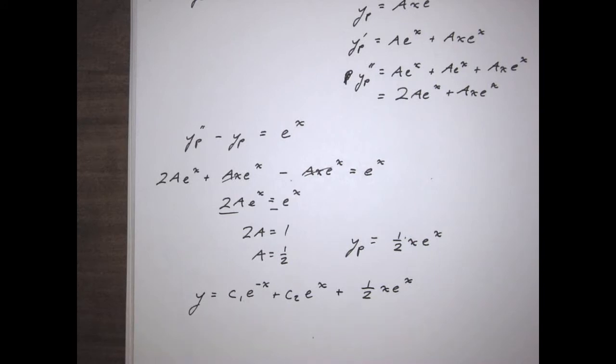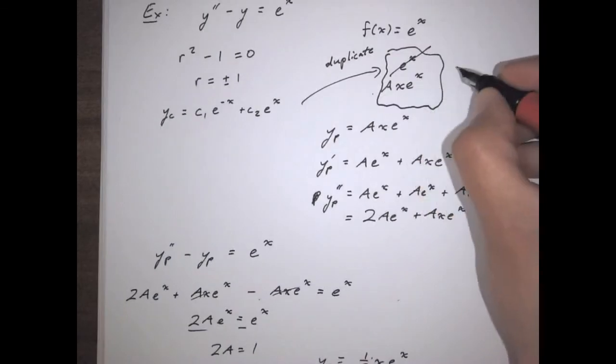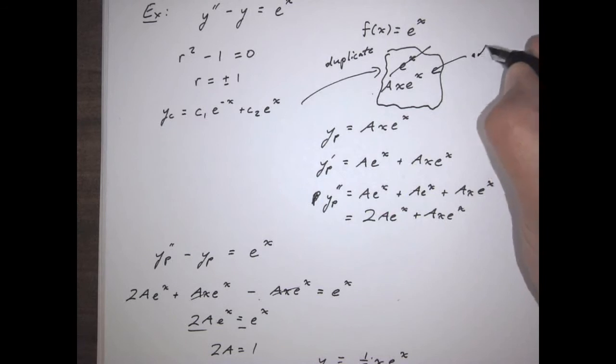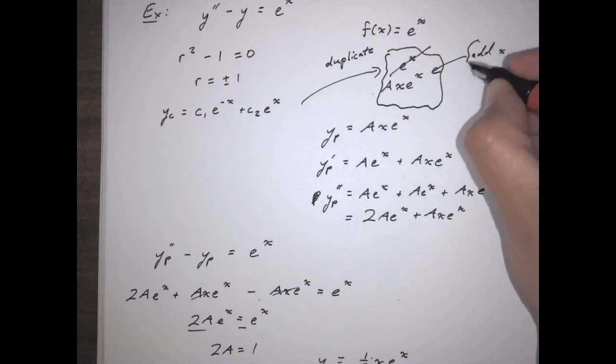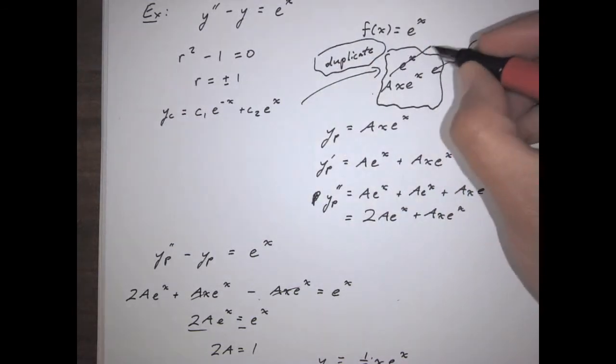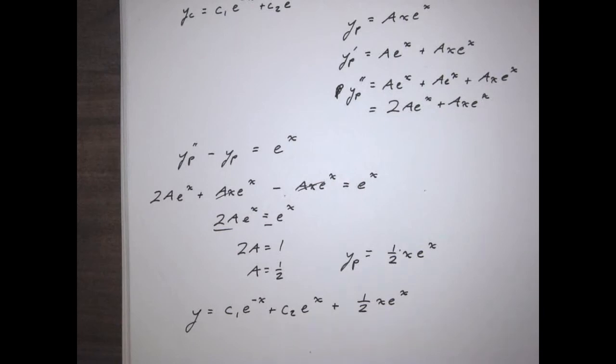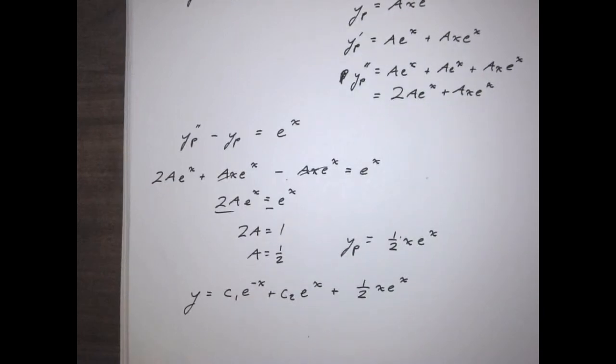So again, the way we dealt with duplication is add x. So we couldn't have e to the x, so we had to have x e to the x.